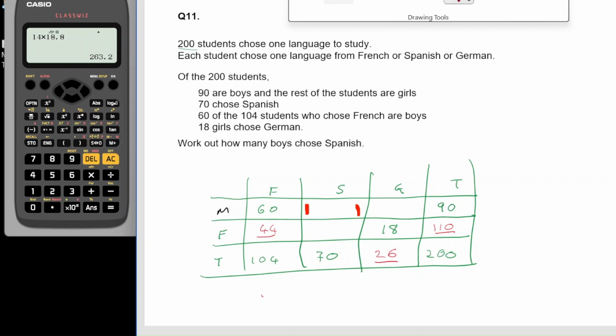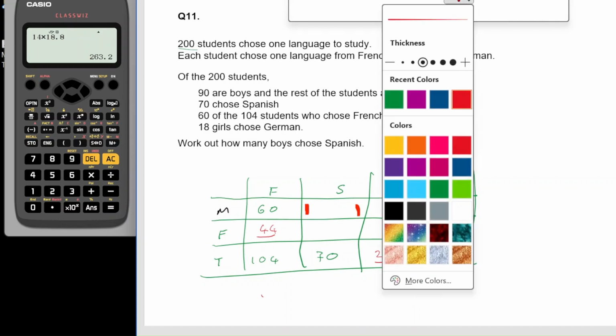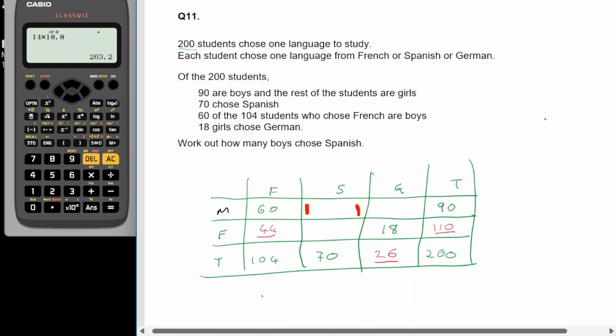My third level, I'll put in a different colour again, so we'll go purple. My next level is using this information, filling in the other values. This value here is going to have to be 8, because 26 minus 18 is 8.